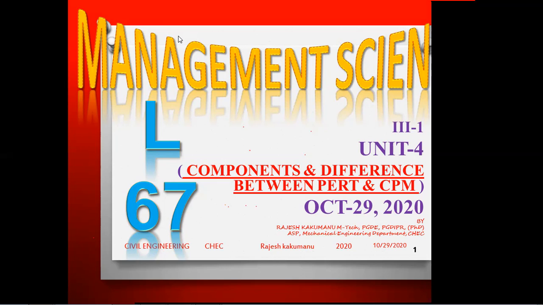In 4 to 5, 6 classes, we will solve the problems of PERT, CPM and crashing networks. We will do the problems from the next 68th lecture onwards. So this session is very important so that you can come to know the main components and the difference between PERT and CPM. Okay, next.